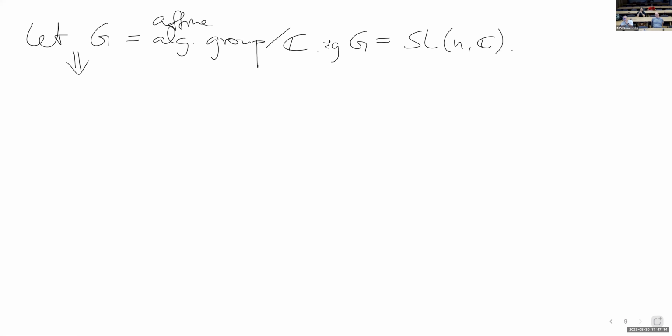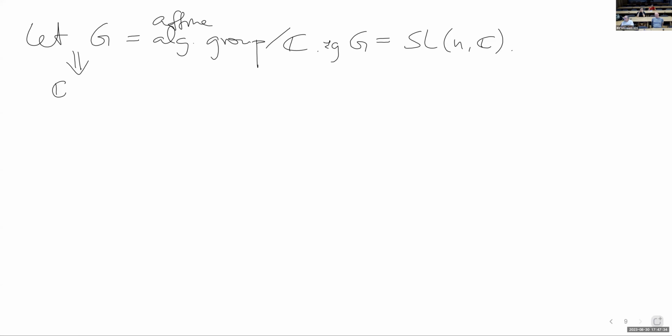So none of them will be compact, unfortunately. But you can secretly think about SU(N) there somehow. Complex algebraic groups which are compact are finite, and I'm not interested in the finite ones.